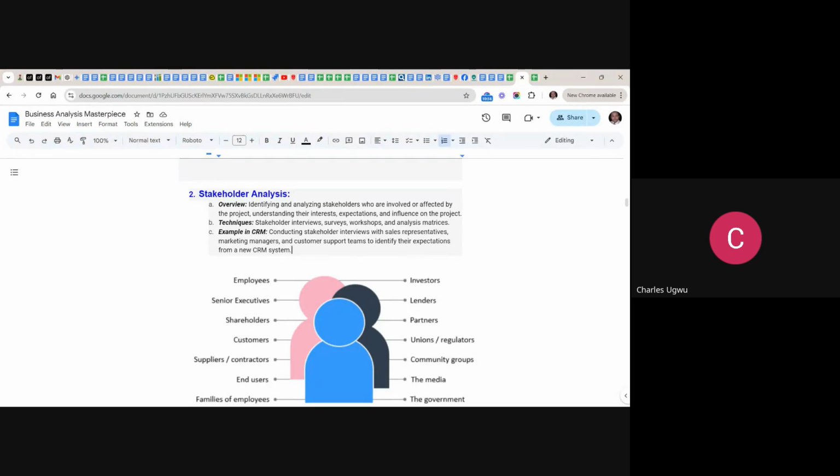So this overview covers everything we are going to look into: identifying stakeholders, analyzing stakeholders who are involved or affected by the project, and understanding their interests, expectations, and influence on the project. Most of the issues I'm having currently are because they are not listening to me.